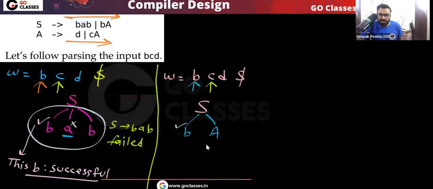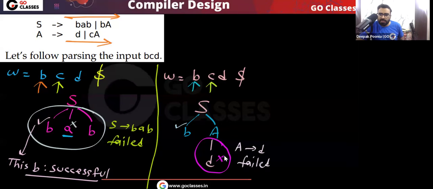In this fixed order, I will try this D first. Now you can see this D, is it matching with C? Because remember, the current input symbol is C. Again there is a failure. It means that A going to D failed.